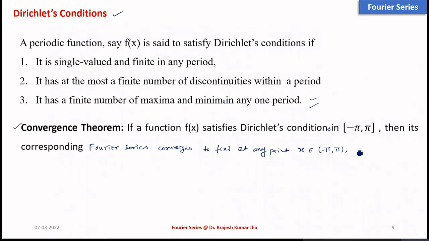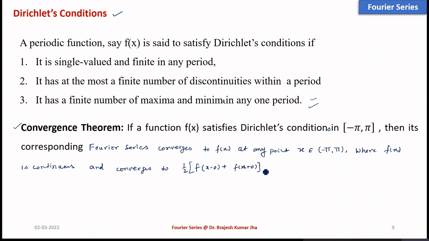And it converges to 1/2 of f(x minus 0) plus f(x plus 0).